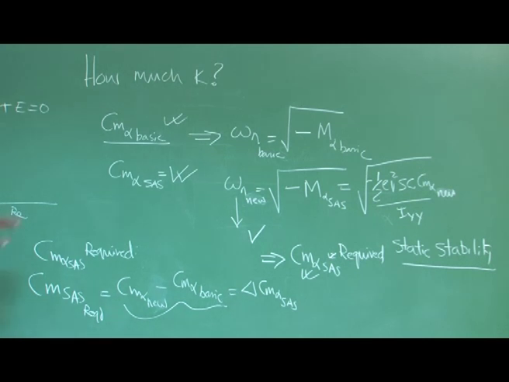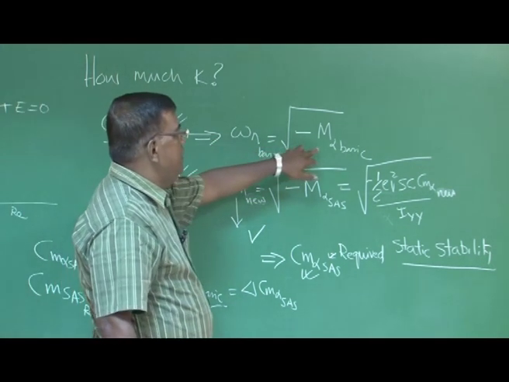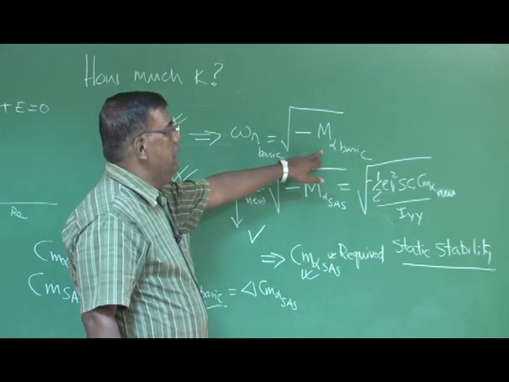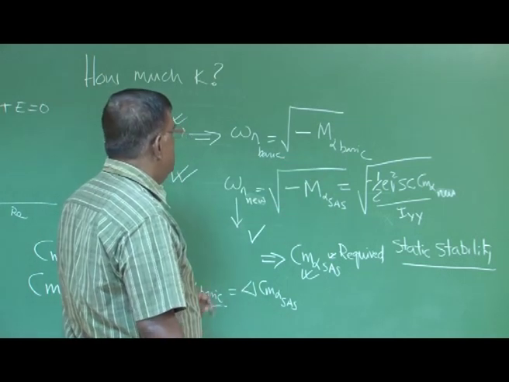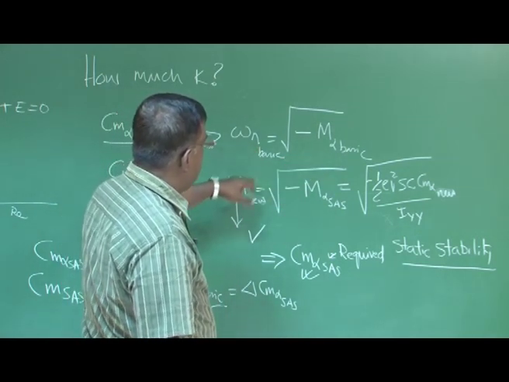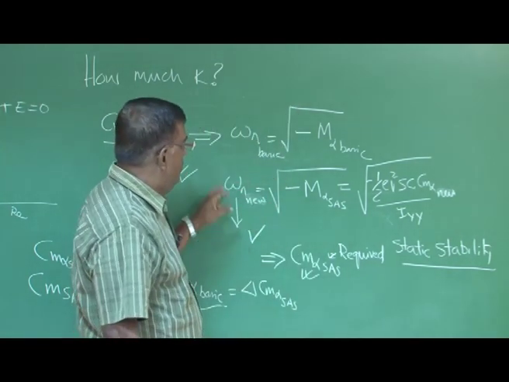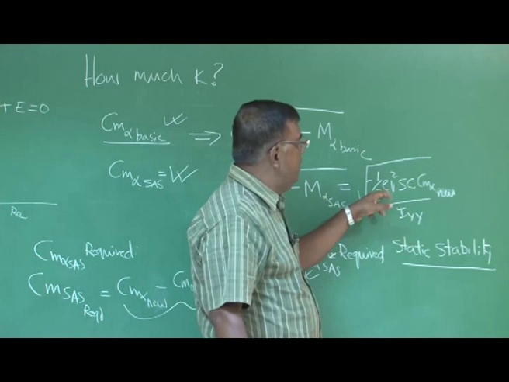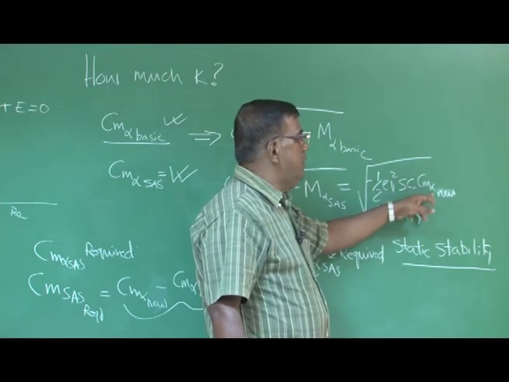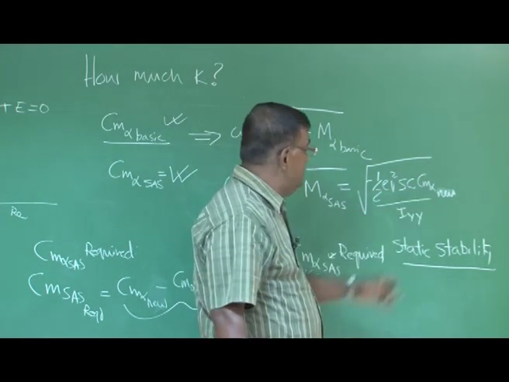Cm alpha basic you know from the design, which is given by square root of m alpha basic. And if I further expand it, I find for omega new, for a given altitude and speed, what is the Cm alpha new required?